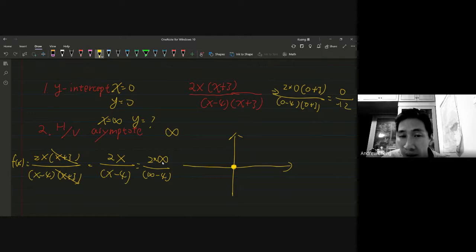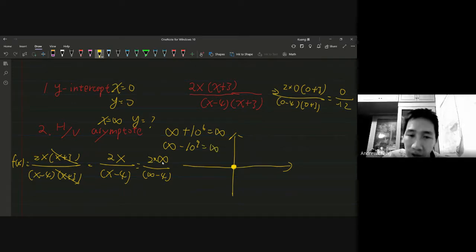Whether we add 1 million or subtract a million, it will not change the value. So infinity minus 10 to the power 9 is still infinity. Infinity is always infinity if you add or subtract something. So infinity minus 4 is still infinity.